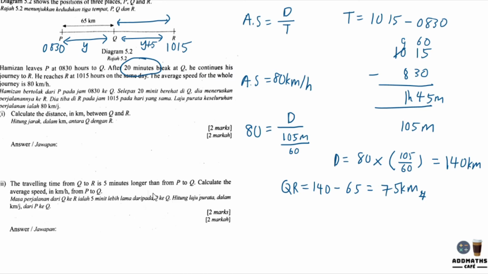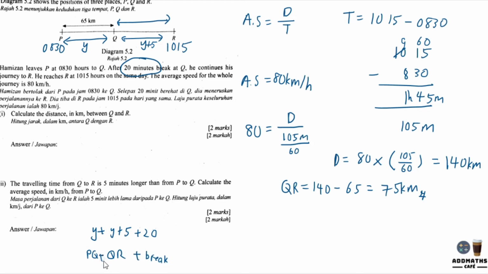Calculate the average speed from P to Q. So I know that the total time is Y plus Y plus 5 and also the 20 minute rest at Q. So this is PQ, this is QR, this is the break time.